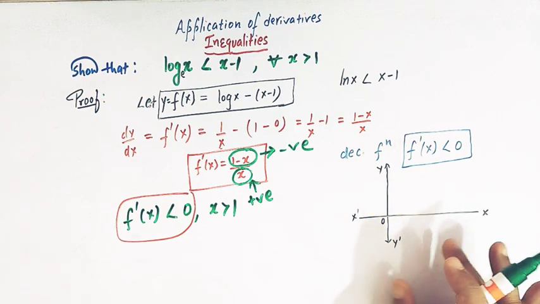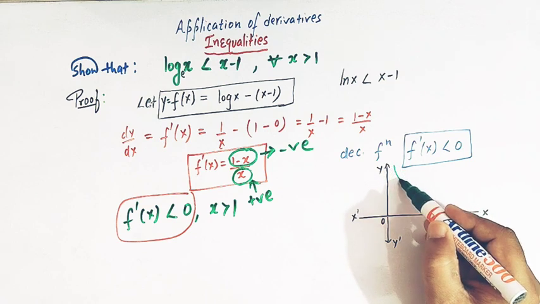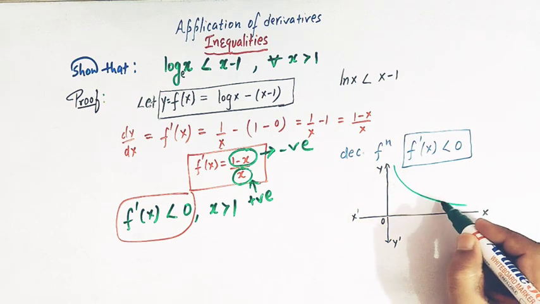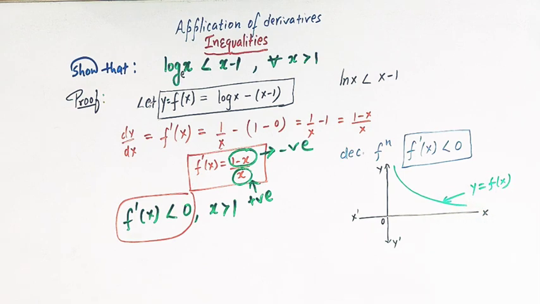So here we have the coordinate axes. Let us draw a rough diagram here. Suppose this is a decreasing function, right? This is y equal to f of x, right? Okay, now let us take 2 points on this curve.